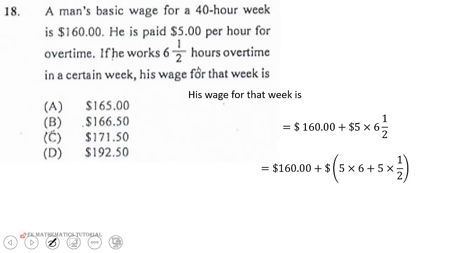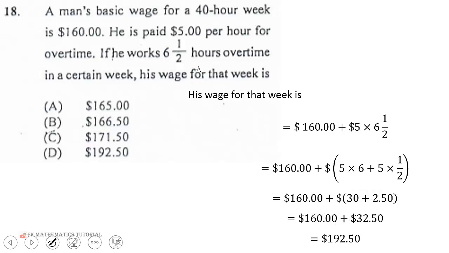This is $160 plus 5 times 6 plus 5 times half. We know 5 times 6 is 30, 5 times half is 2.5. And that will give us $192.5.